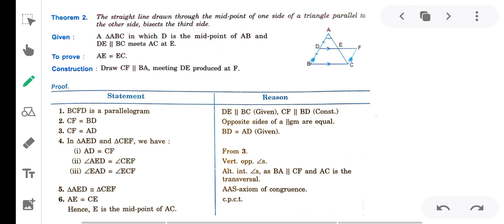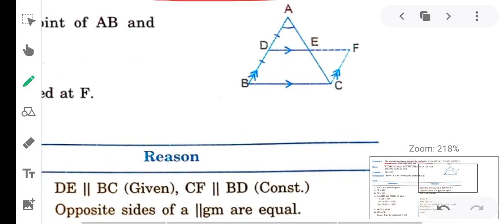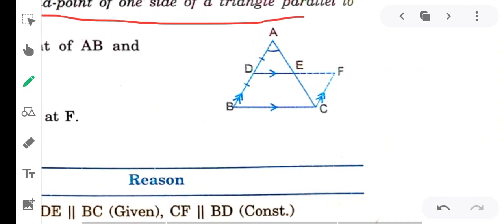Then theorem number 2, that is the converse of the midpoint theorem. The straight line drawn through the midpoint of one side of a triangle parallel to another side bisects the third side. Here is the triangle ABC and D is the midpoint of AB.